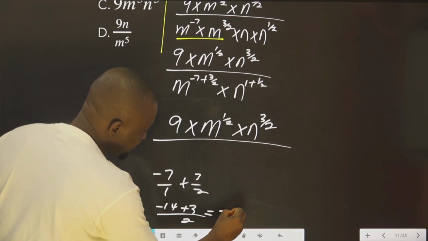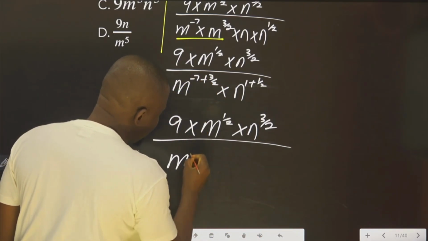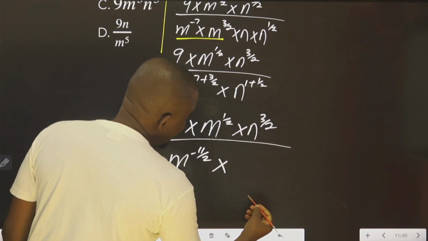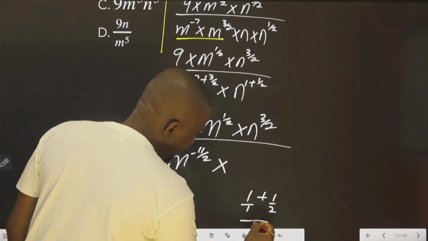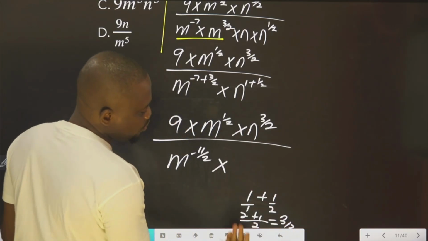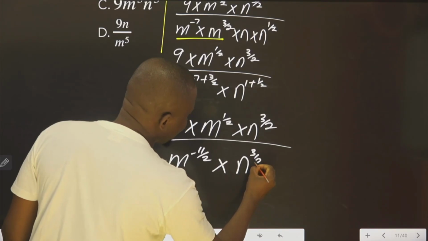You agree with me? This is minus 11 over 2. So this alone will give us minus 11 over 2. Multiply by, this is actually 3 over 2. Let me just show you. That is 3 over 2, okay? It means therefore n is raised to power 3 over 2.